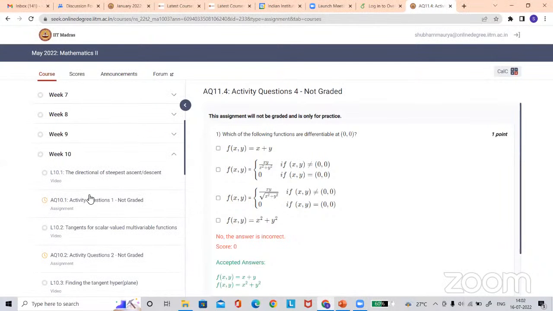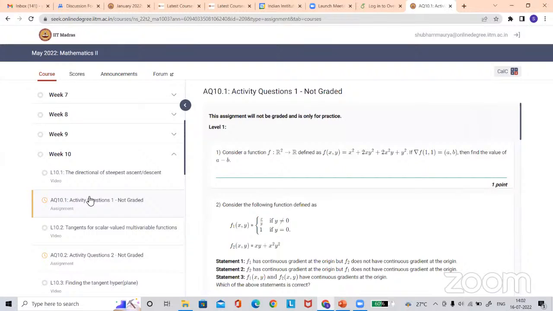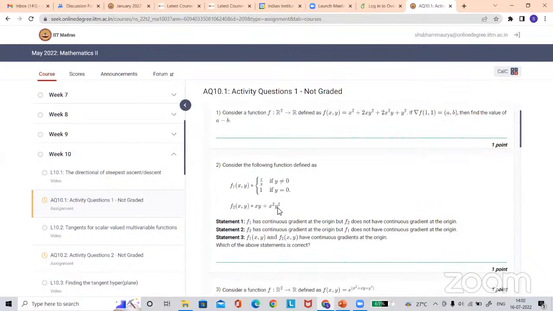Which activity? 10.1? 10.2. Okay. So yeah, it's one by one. We will take those questions and discuss those.